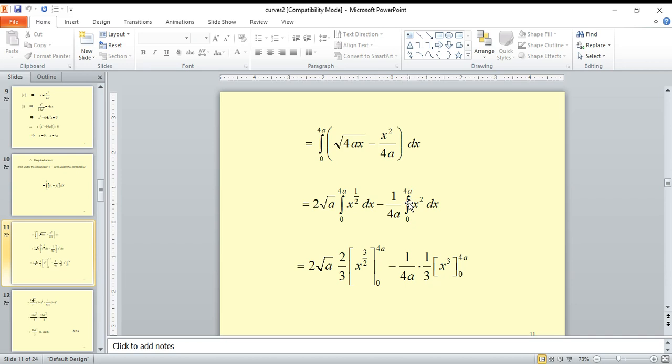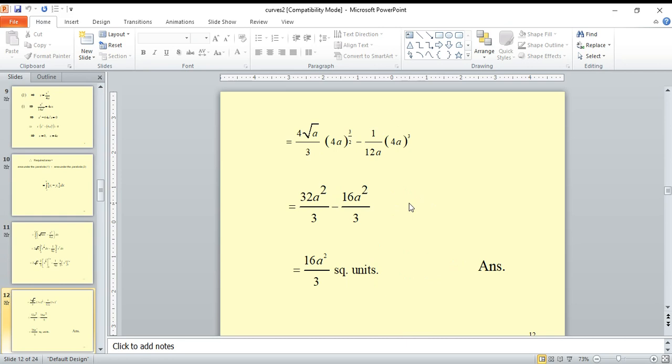In the denominator 3 by 2 comes into the numerator, that is 2 by 3 into x power 3 by 2, interval 0 to 4a, minus 1 by 4a into x square integration is x cube by 3, interval 0 to 4a. Apply upper limit and lower limit.